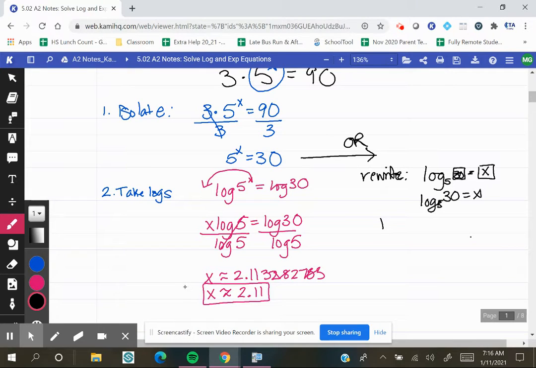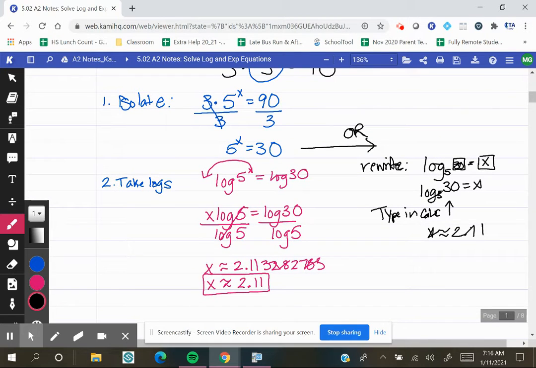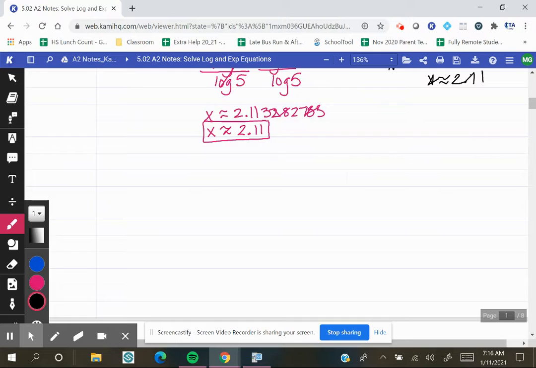And then you type it in your calc, and you get your 2.11 again, same answer. So two different ways, again, either is fine. So whatever you are more comfortable with.